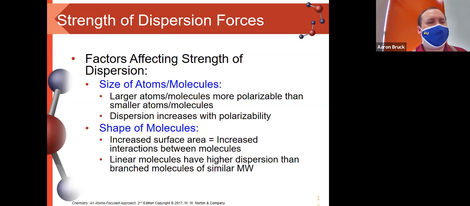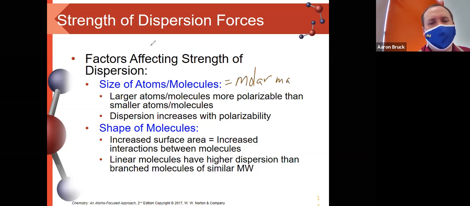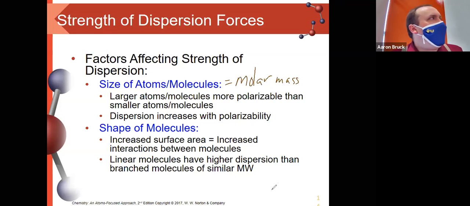The first, atomic size. Now, atomic size, we tend to estimate using molar mass. It comes from the idea that if you have a larger atom or a larger molecule, it's more polarizable.